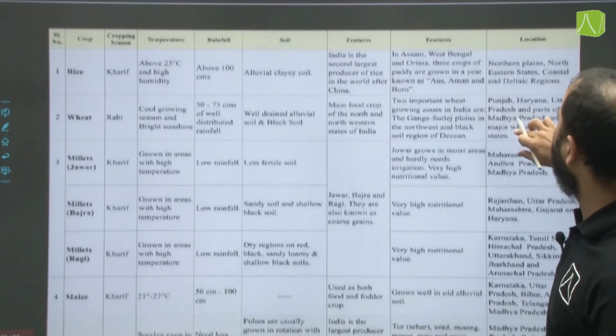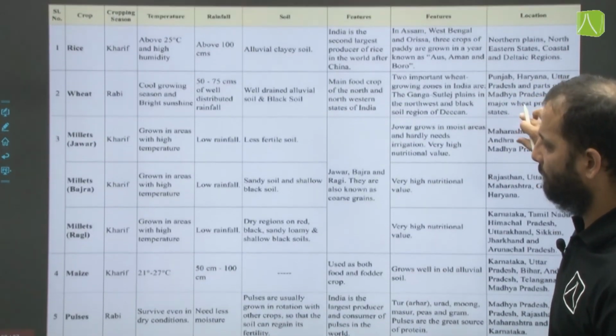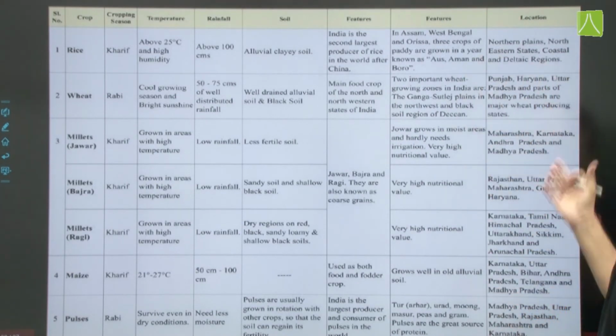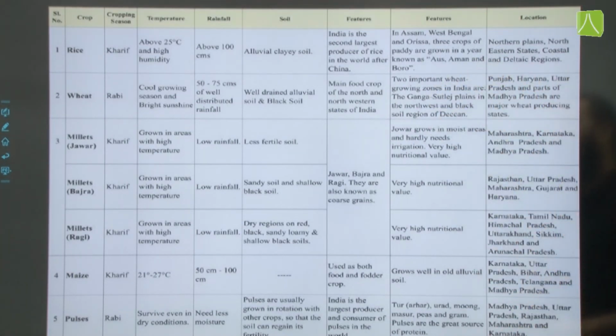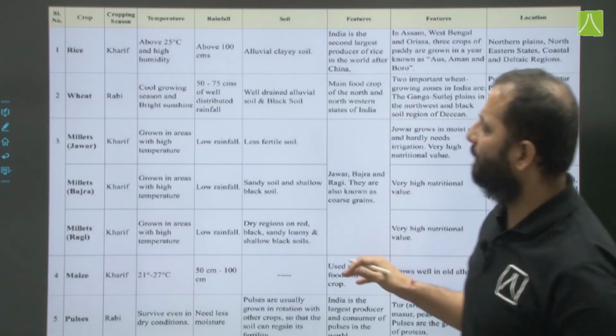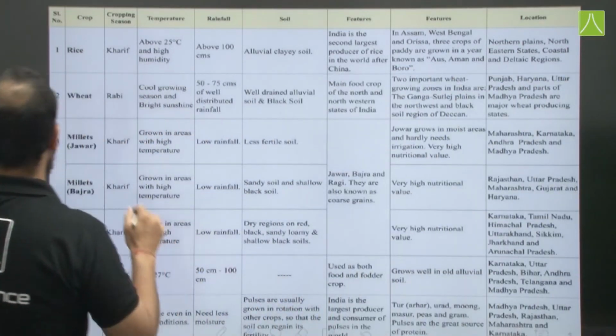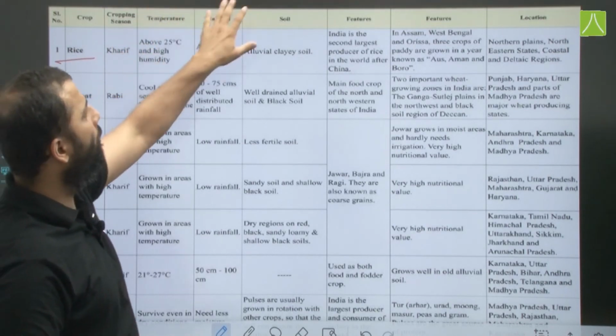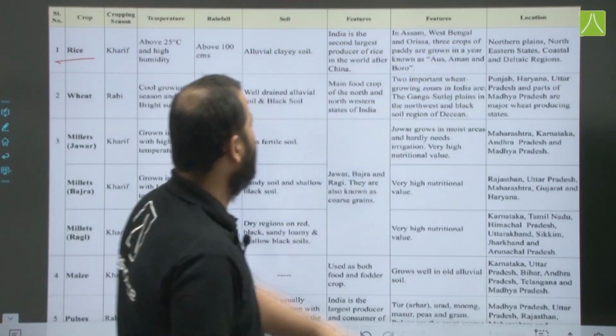Now this is a table which shows in detail all the important points about each crop. You can take a picture. First is rice: cropping season, temperature, rainfall, soil, features and location.